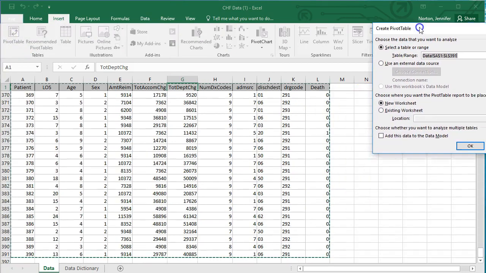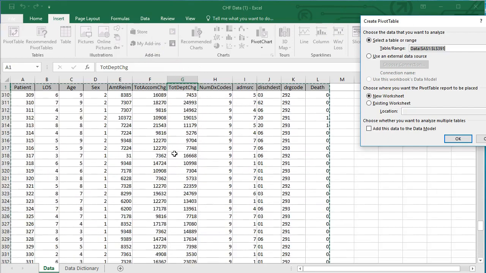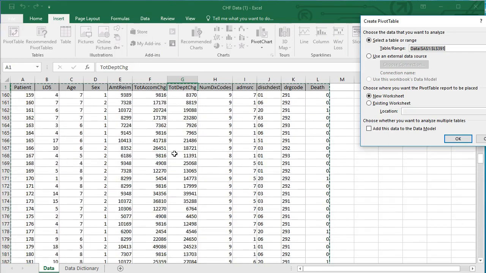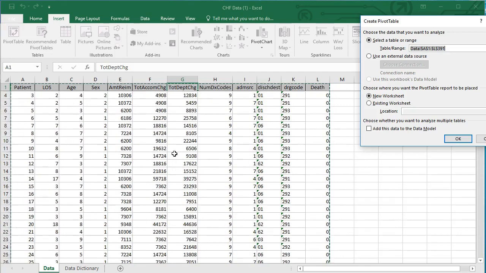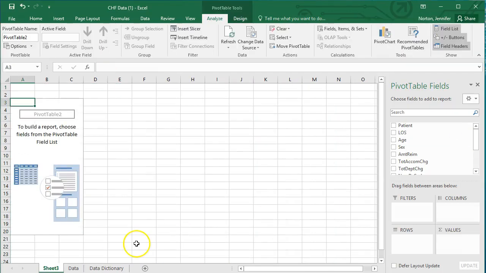And if you'll notice, the pivot table wizard already automatically includes all this data that's in our data set. And that's the way we want it. We want it to populate in a new worksheet, so we're going to click OK. And now you'll see we have our headings for our pivot table.